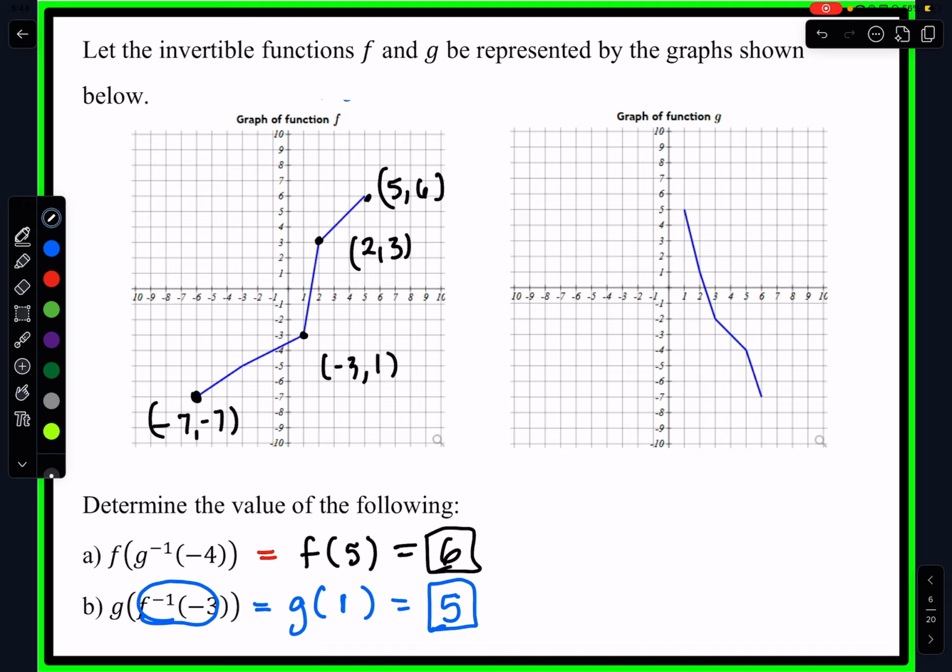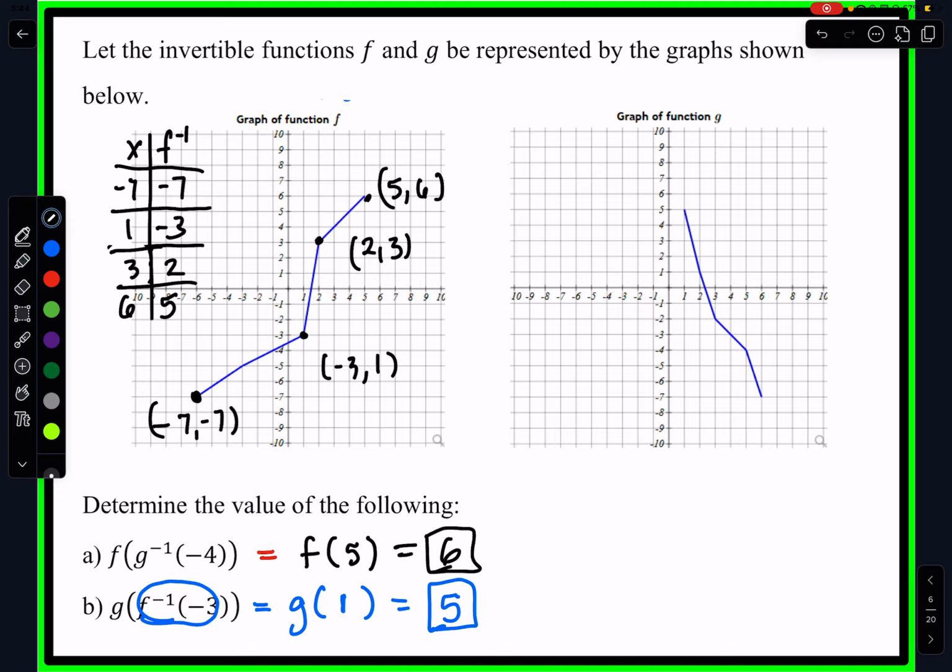And to get the inverse of this, you really don't even have to graph it, as long as you flip again your x and y values. Well, the first one is the same because both numbers are -7. The second one and third one are the following, and then your fourth point is 6, 5.